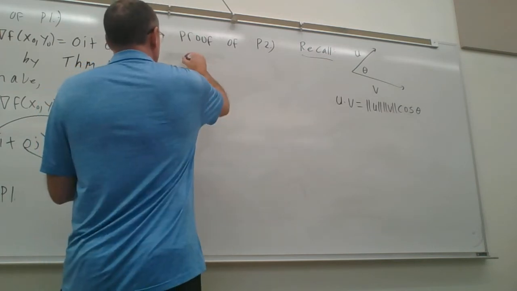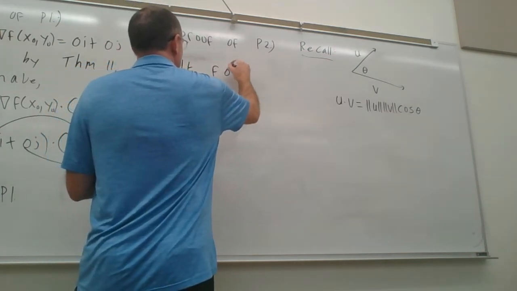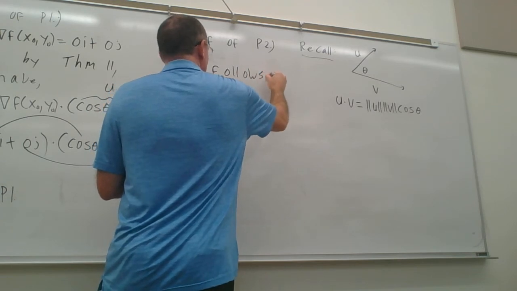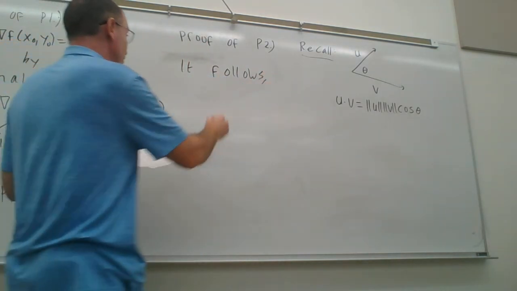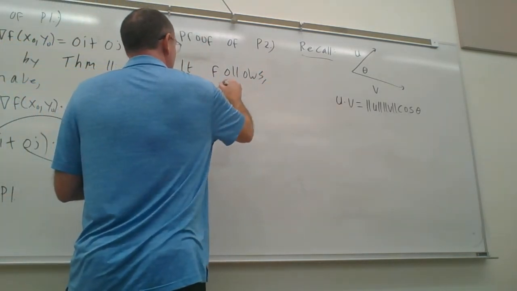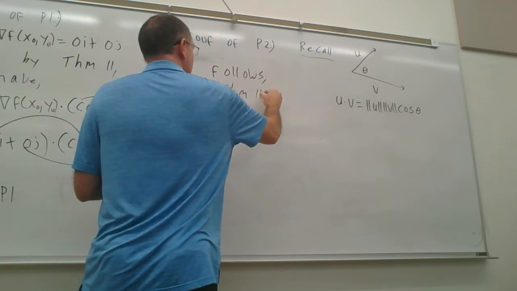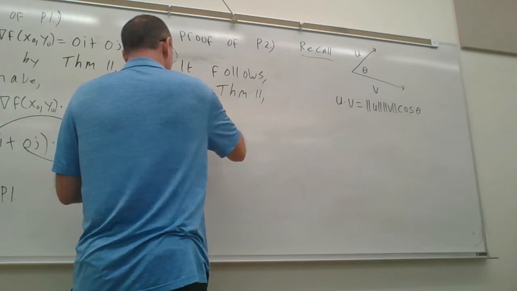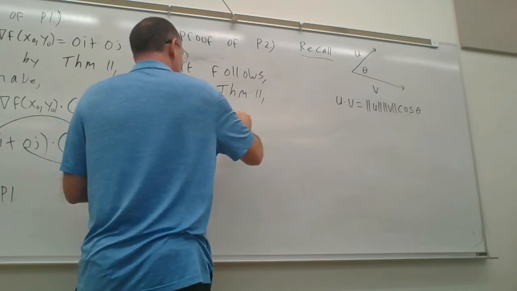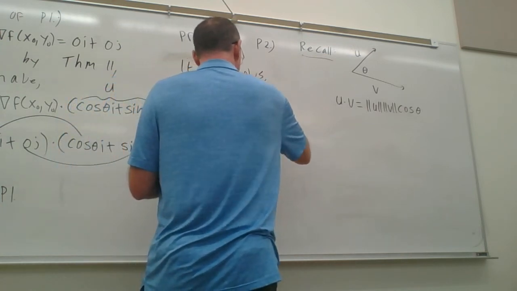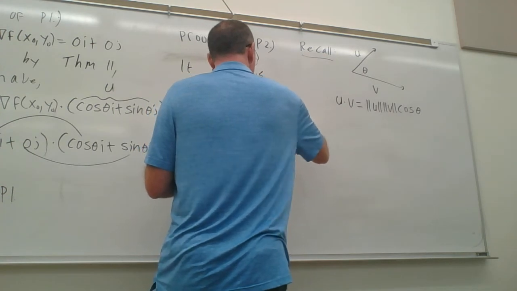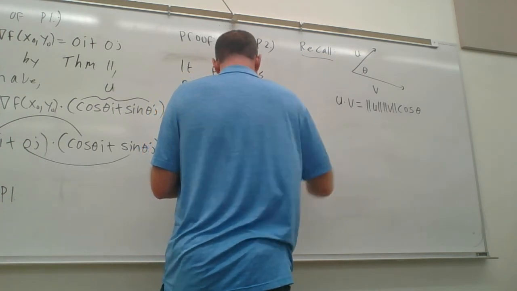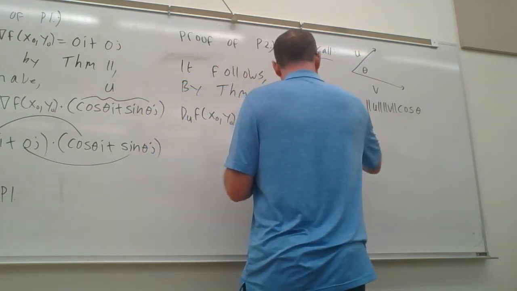It follows by theorem 11 again. So let me write out theorem 11 again. The directional derivative at x0, y0 equals the gradient at x0, y0 dotted with u.